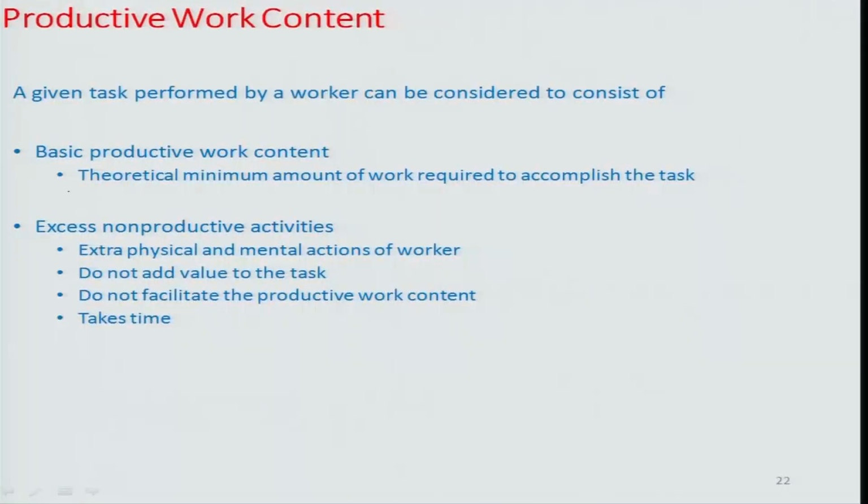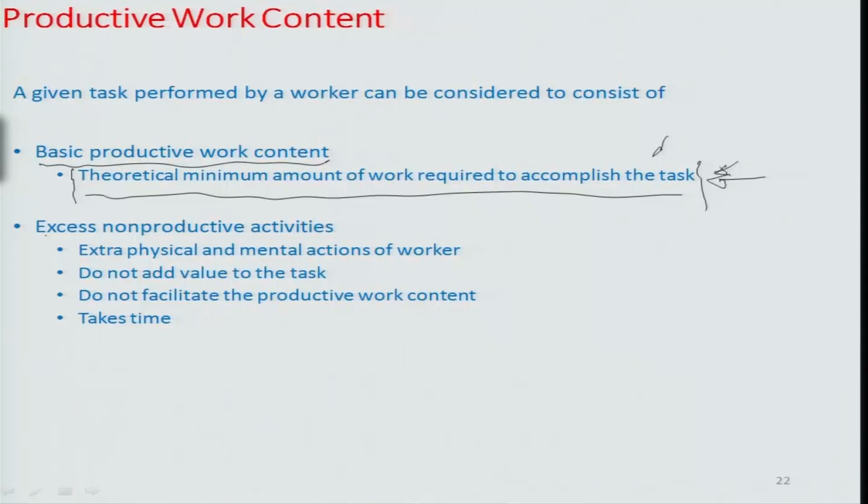And so, the basic tasks are classified into the basic productive work content, which really means the theoretical minimum amount of work required to accomplish the task, and this is really the theoretical limit, meaning that ideally, in an ideal situation, time not more than what is supposed here in this theoretical limit should be taken by any normal individual to accomplish the quantum of the task which is classified in this information.